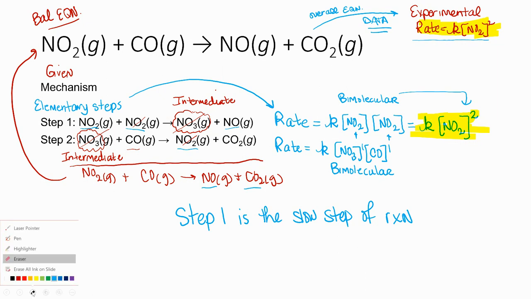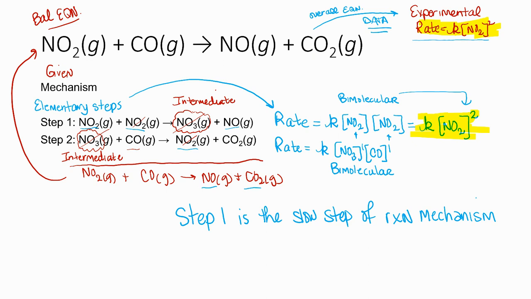Okay, now how will I know that? Hold up. Okay, so let's stop here for a second. Every reaction usually has more than one step in the mechanism, but they're not all equally efficient. Each of them has its own activation energy.